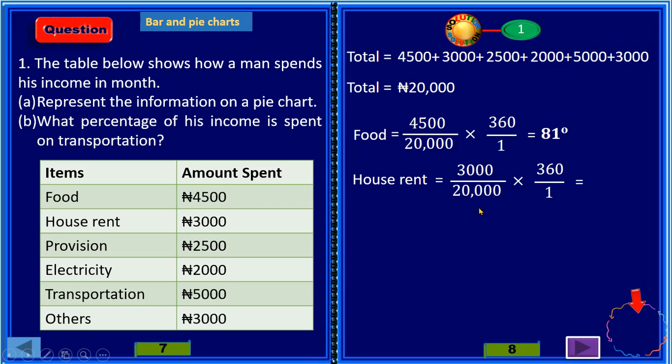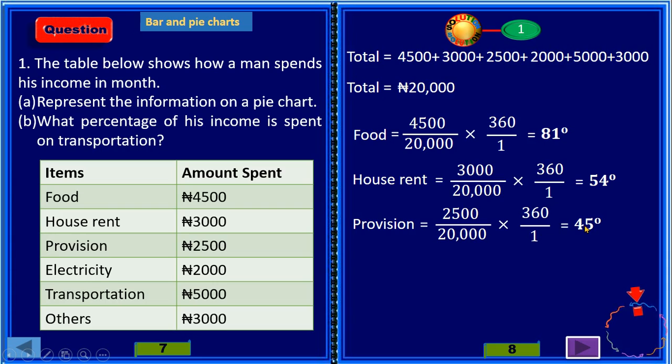Now, using a calculator to evaluate this, we are going to see that will give us an angle of 54 degrees. Then we are going to move to the next item, provision. The angle represented by provision will give us the amount for provision, 2,500, divided by the total amount, 20,000, multiply by 360 over 1. Dividing with a calculator, we are going to have the angle as 45 degrees.